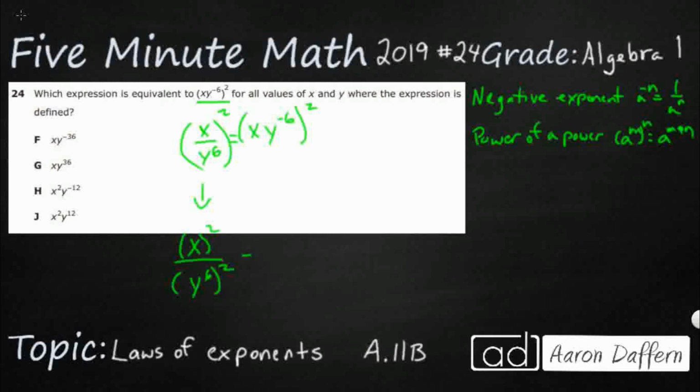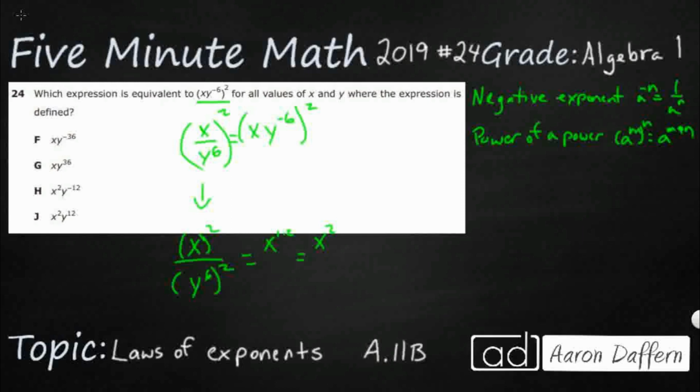There's no exponent next to that x, so that's going to be x to the 1. So x to the 1 times 2, but most of us are like, yeah, that's just x squared. And you're right. If you just square x, you're going to get x squared. But if you want to keep the power of a power, there's an exponent of 1 that's kind of hidden because we don't really write that exponent since it doesn't do anything to change the base. And we have 1 times 2 makes 2.